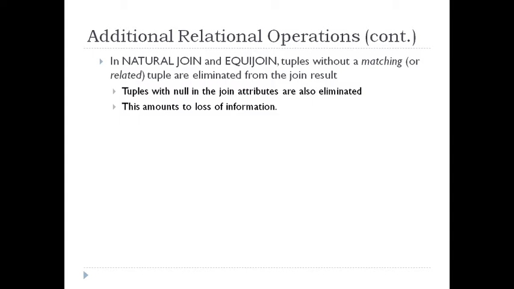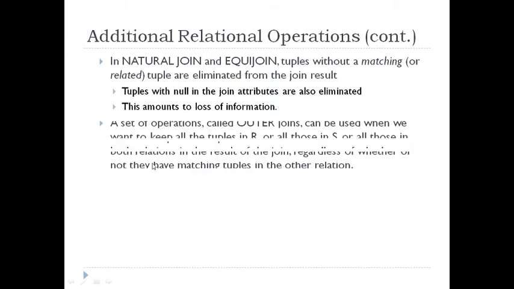Suppose when you take the join, if you want to include the tuples which are having null values, then those tuples will also get eliminated. Not only the unmatching tuples, but if it is having null values, those tuples will also be eliminated.